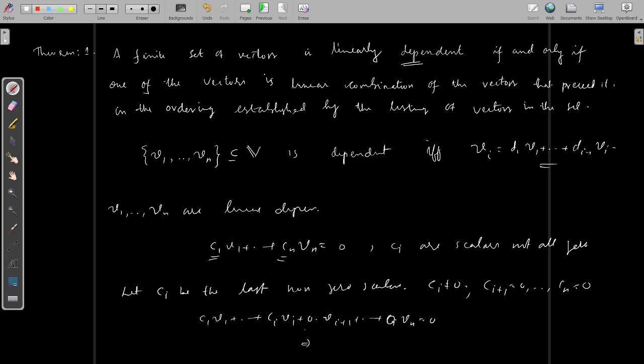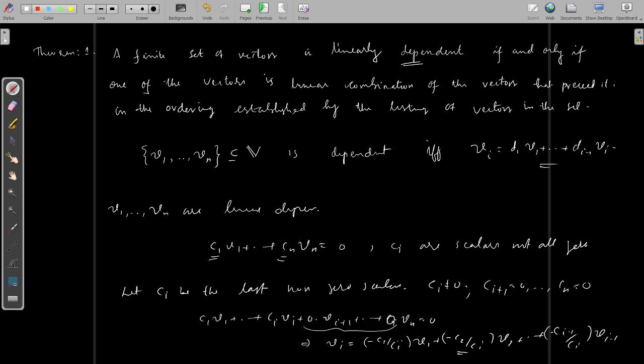This implies that vi can be written as minus c1 by ci times v1, plus minus c2 by ci times v2, plus etc. The last one will be the negative of c(i-1) by ci, times v(i-1).